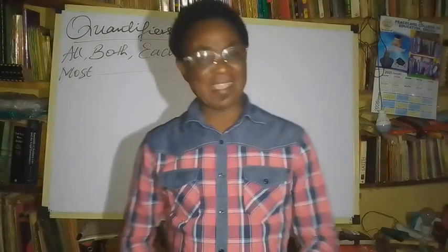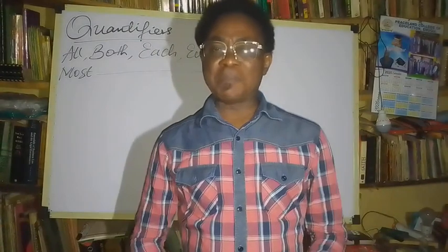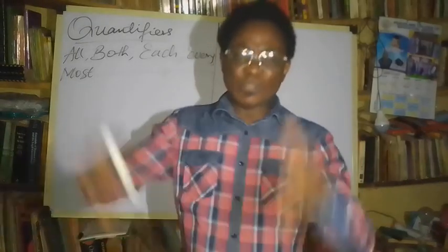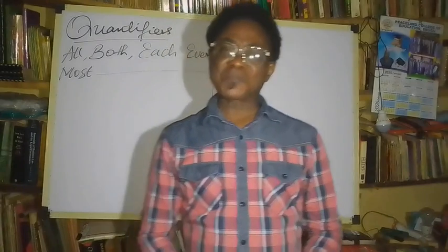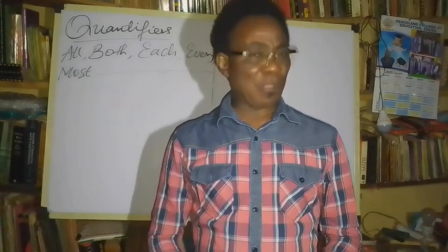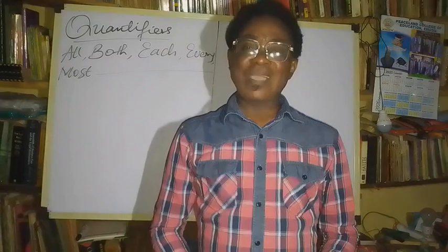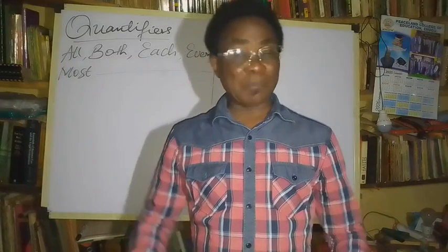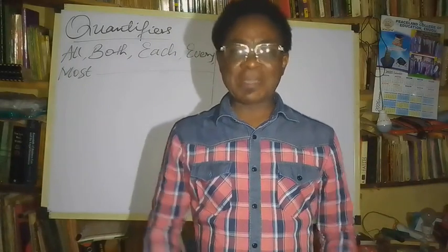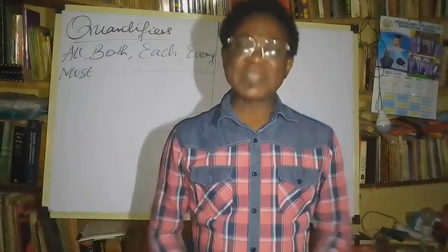And these are quantifiers that identify either all members of a group or nearly all members of a group. Quantifiers that identify all members of a group, that is all items that make up a quantity, or all that make up an amount, or nearly all items that make up a number, or nearly all the constituents of an amount.